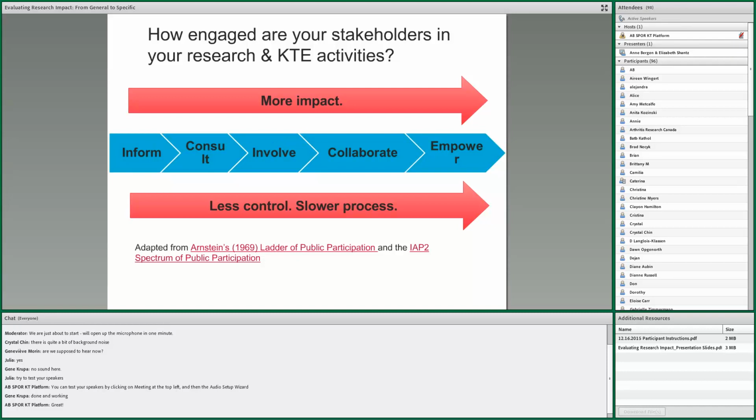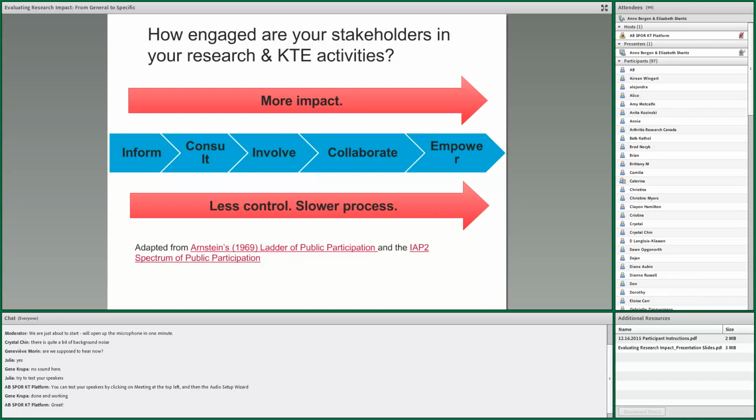If you're collaborating with people, you're making decisions together about what the research or the KT activity will look like. And then empowerment is the end, where your stakeholders have full control over what the research or the KT activity looks like. Most of the time, I think we end up somewhere in the middle.